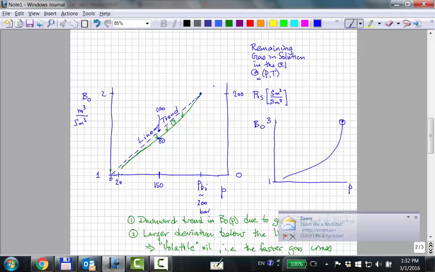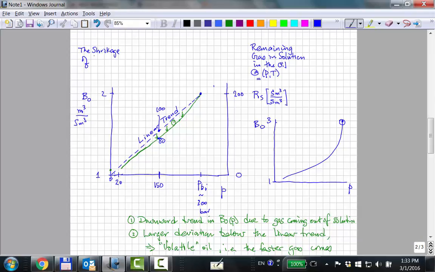That's the RS. BO is reflecting basically the shrinkage of the oil because gas is going out of solution. It's losing mass. It's losing these light components because gas is coming out of solution. That's why this is changing.